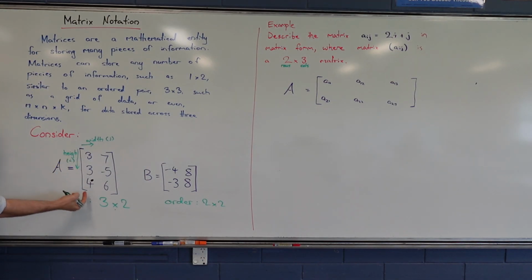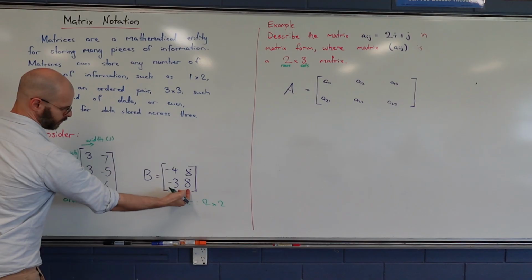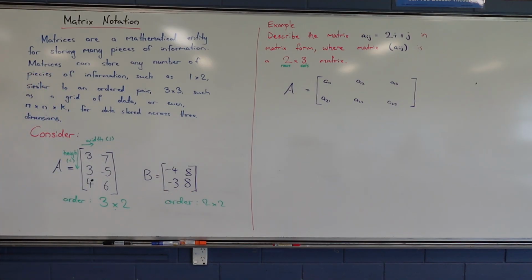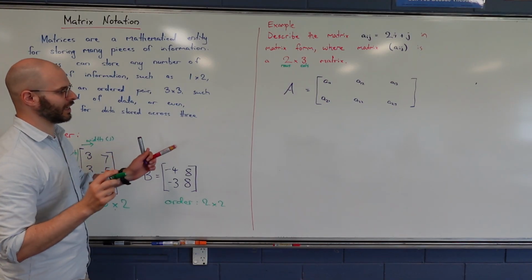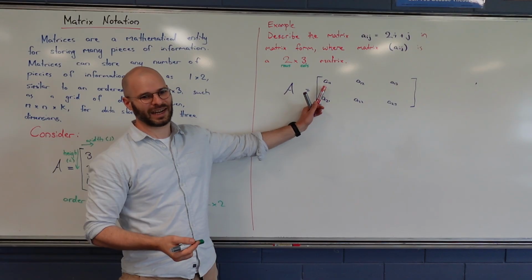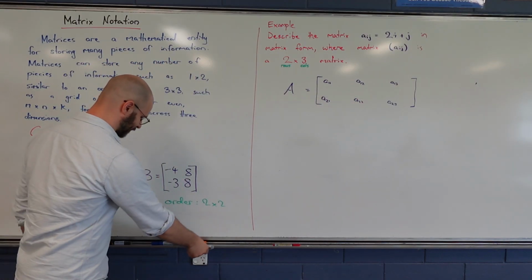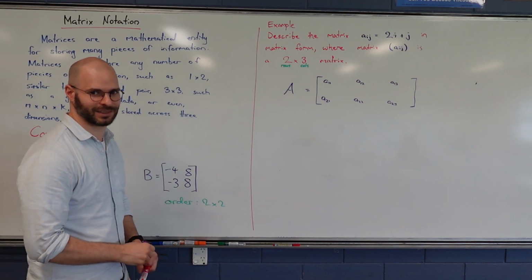Sorry, columns, 2. Rows 3, columns 2. Does that make sense? So based on the mistake I just made, it's always rows by columns, so perhaps read it out when you're doing it yourself. Otherwise you'll fall into the trap I just did. Be better than your teacher.